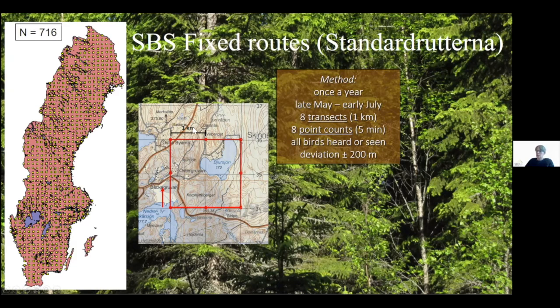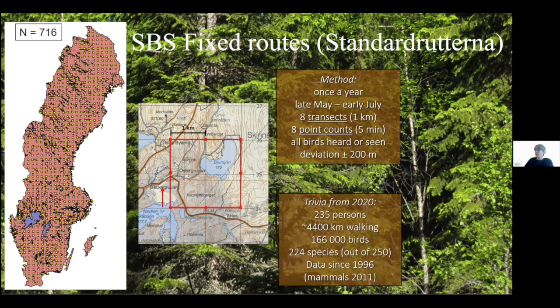Each site consists of 8 1 kilometer transects and 8 point counts. Along all these transects and on all these points, all birds heard or seen are noted, regardless of how far away they are. But in general, they're more or less plus minus 200 meters from the transect or the point.